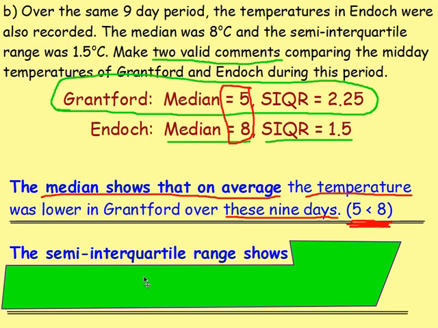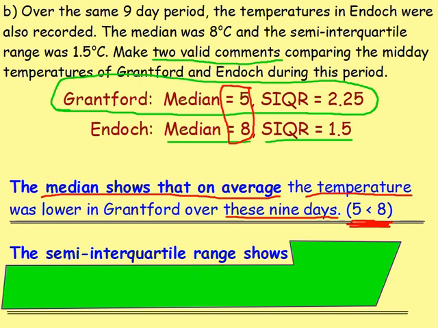The semi-interquartile range ignores any outliers, it ignores the top and the bottom 25%, and it gives you a more accurate spread of the data. So the semi-interquartile range shows the spread of the data, or the variation, how varied your results are. So make sure when you're talking about the semi-interquartile range, you get in the word spread or variation, or varied.